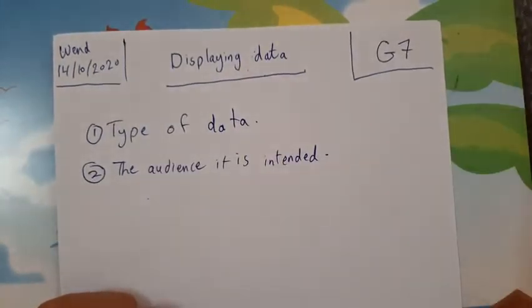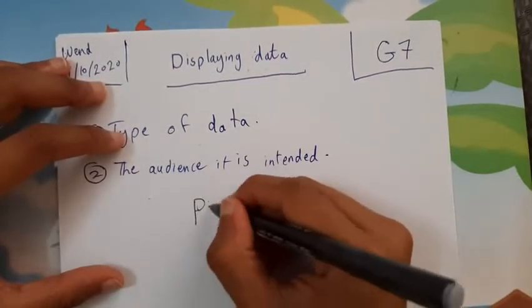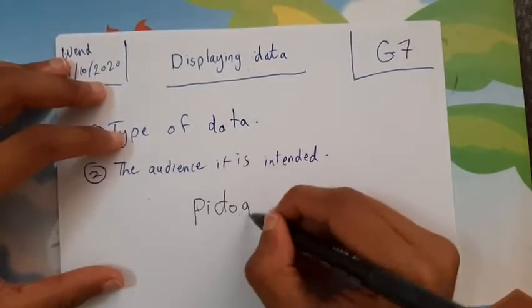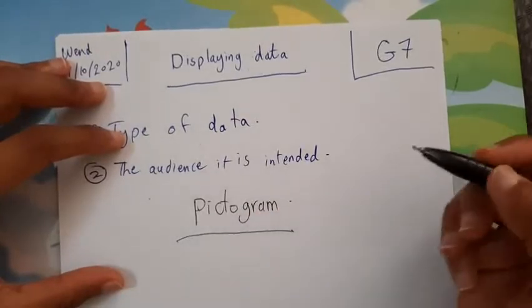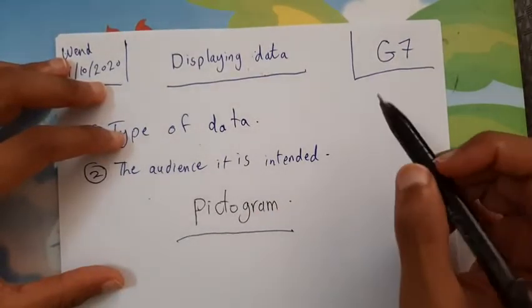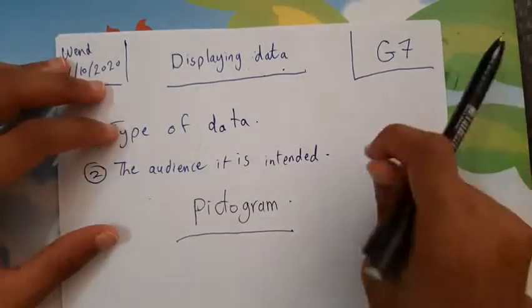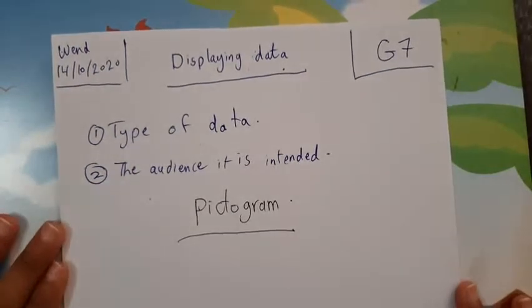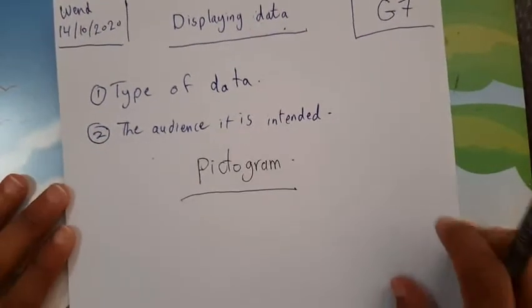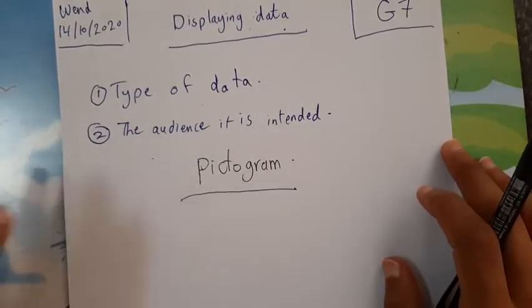Now we're going to talk about something called a pictogram. A pictogram is one of the simplest and most effective methods to display data. So what is a pictogram? We are going to take the same example that we took yesterday about the chocolate buttons inside the buckets.